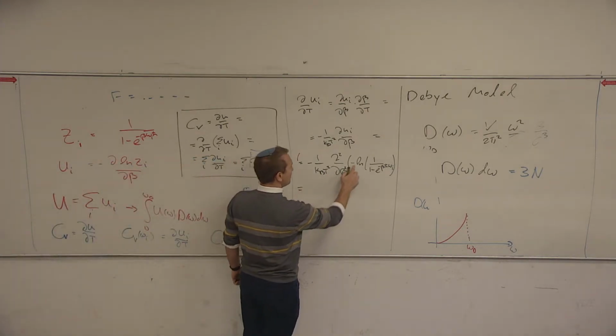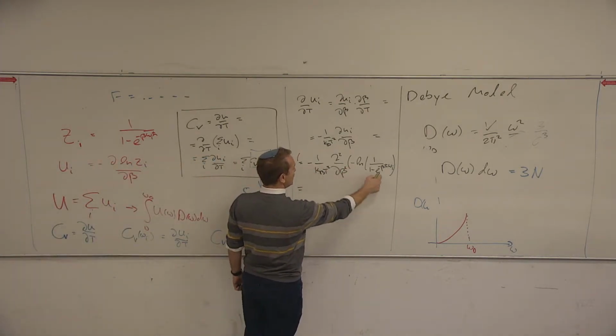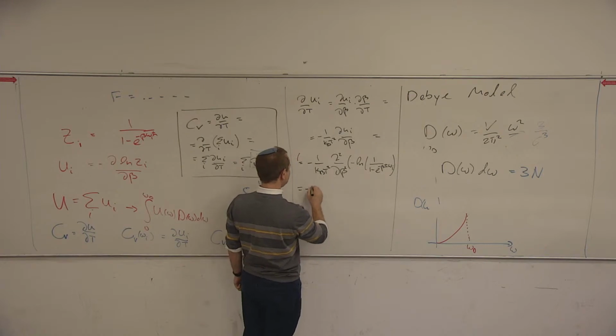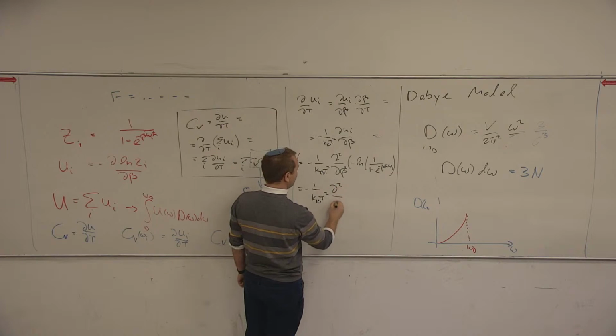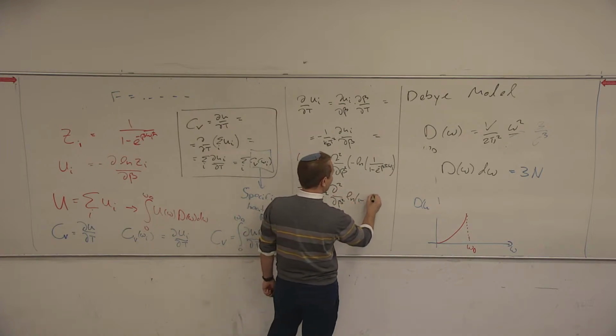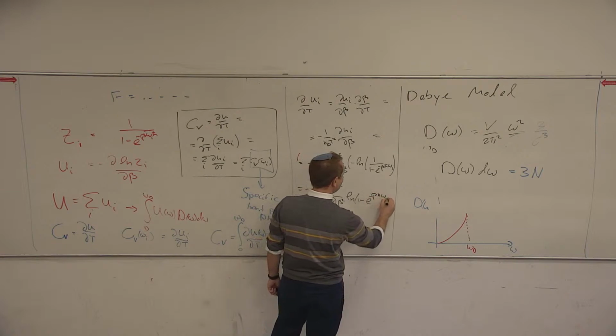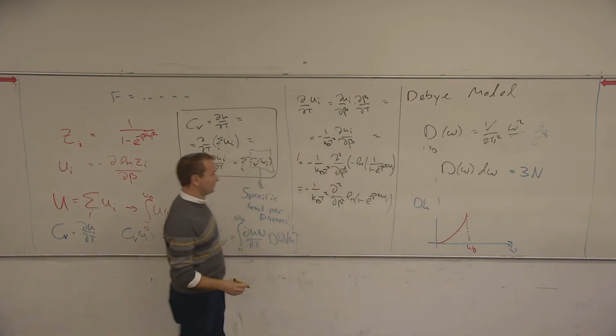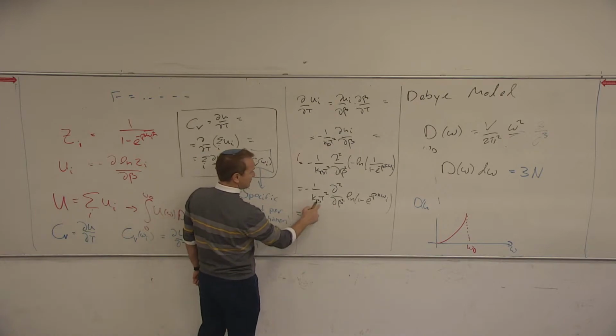Okay, so minus and minus, and another minus over here, so we can have minus 1 over k Boltzmann T squared, d squared by d beta squared of a log of 1 minus e to the power minus beta h bar omega I. Right? So let's take the first derivative.